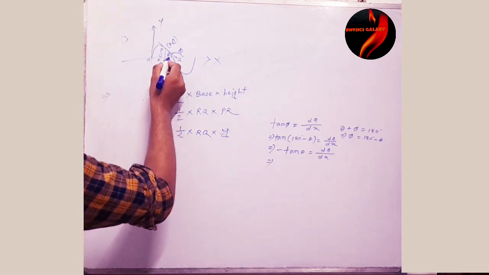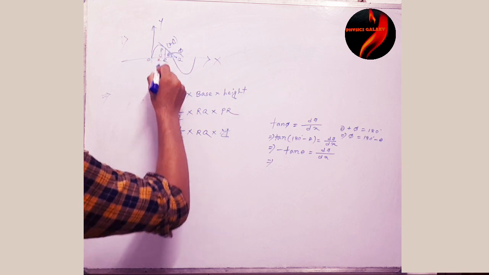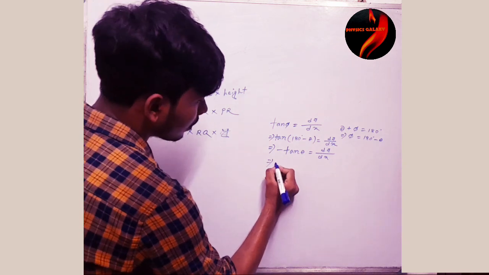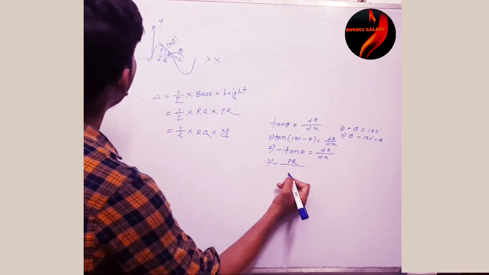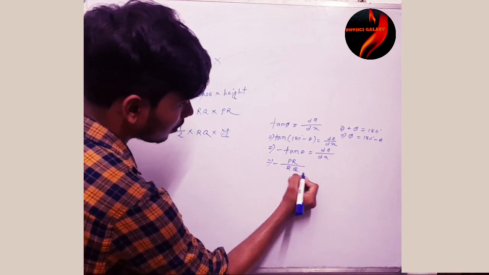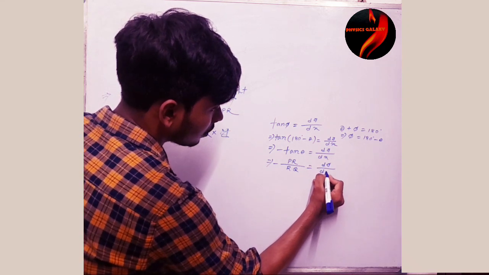And basically tan theta, from this diagram we can write, is the height by base, and here height is PR. So it will be PR over base RQ from the diagram, and it will equal dy by dx.